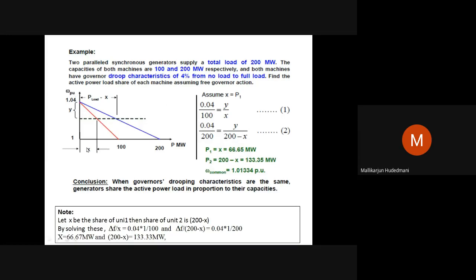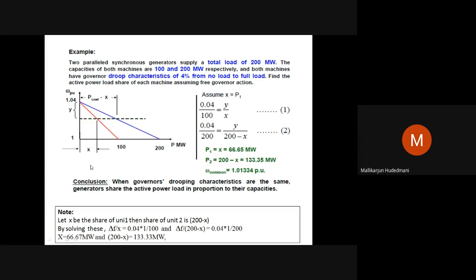How is this done graphically? Graphically it is being marked. See how it is. 1.04 is the no load frequency, the droop characteristics. Then 1 PU is its normal operating frequency, and 100 is the highest output power from machine 1, 200 is the highest output from machine number 2.